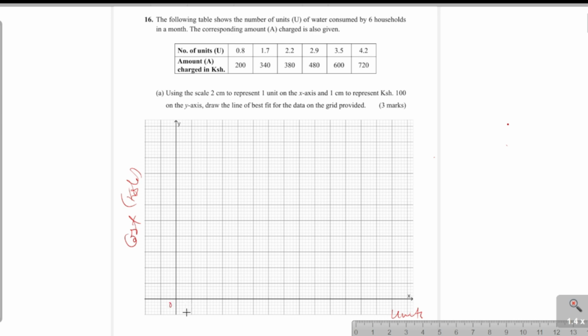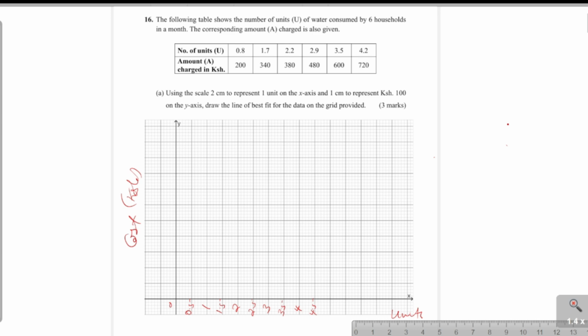That is what it means. So this will be 0.5, 1, 1.5, 2, 2.5, 3, 3.5, 4, 4.5. I can see the largest is 4.2, so you can stop at that.